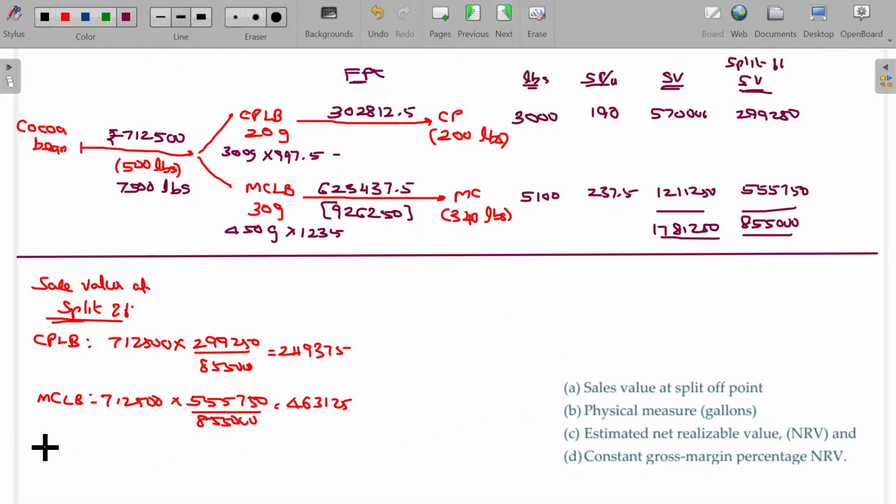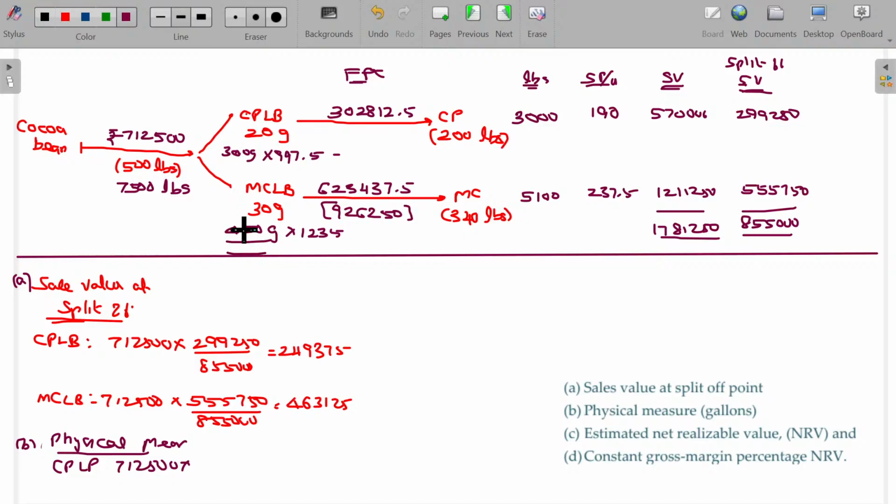Physical measures. Second one being physical measure. For chocolate powder liquor base 7 lakhs 12,500 into gallons.